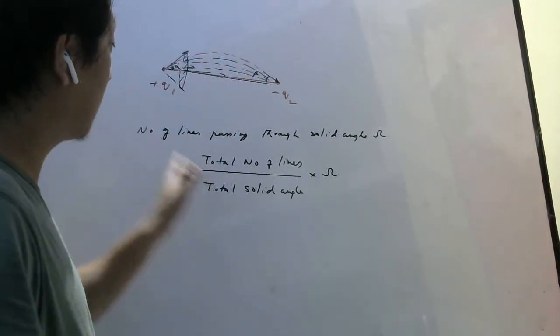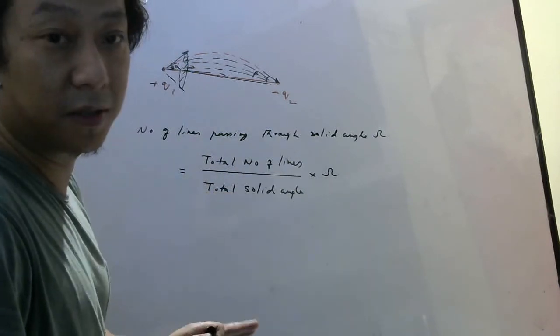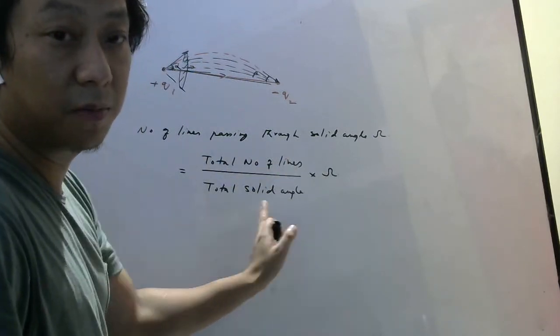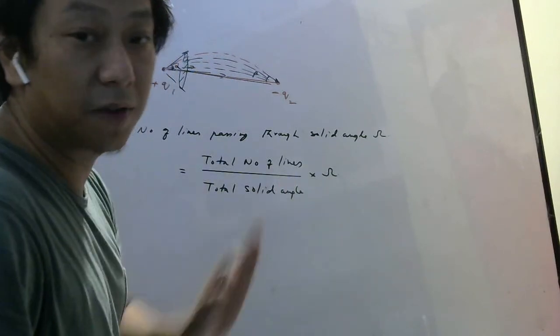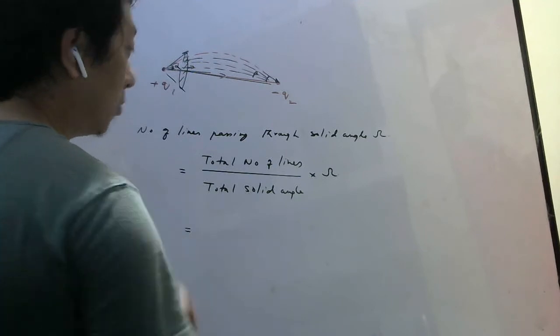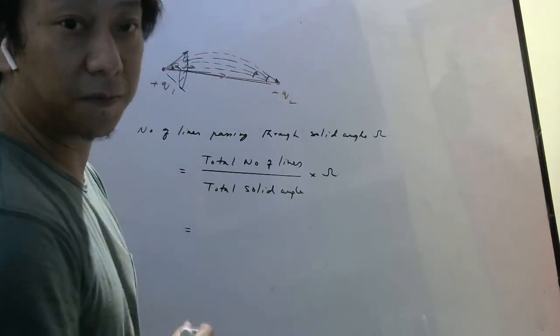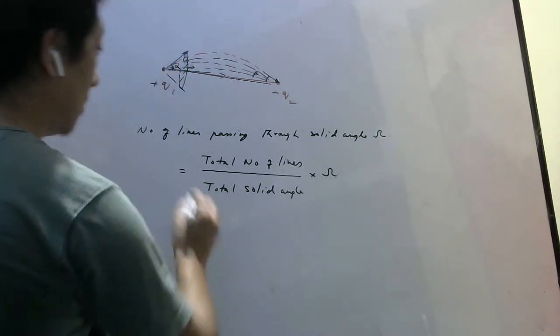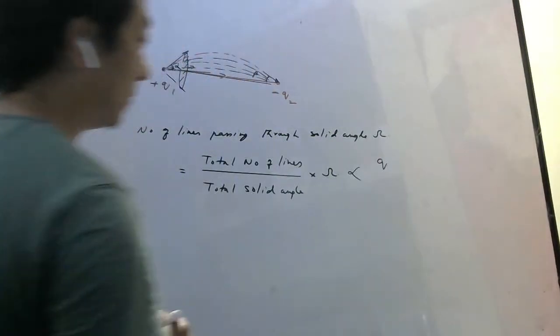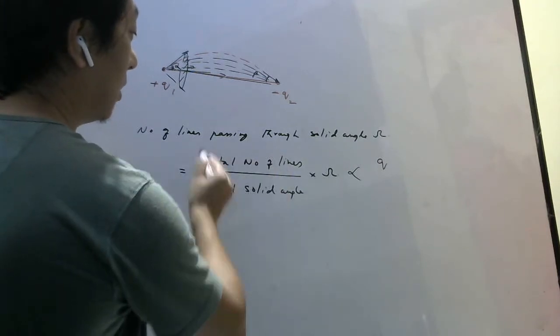This is like asking what is the price of 5 apples. It is the total price divided by the total number of apples, into 5 apples. Now the total number of lines will be proportional to the value of the source charge, because this is proportional to the electric field. And that divided by the total solid angle.